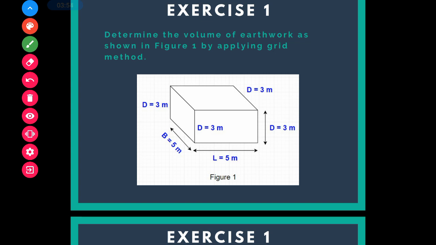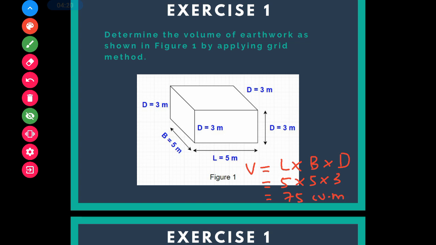By using the normal mathematical formula, normally you can use volume equals length multiplied by breadth multiplied by depth, and then when you substitute the values, 5 times 5 times 3, you will get 75 cubic meter.